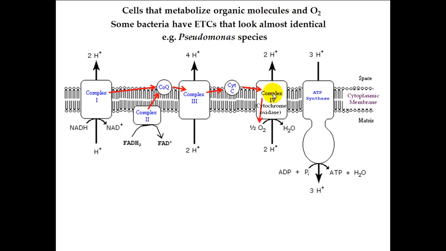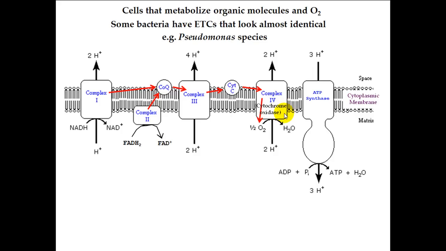So complex 4 and cytochrome oxidase, it's the same thing. And the reason why complex 4 is called cytochrome oxidase is because this molecule oxidizes cytochrome C. In other words, this molecule here takes an electron away from cytochrome C. That's why it's appropriate to call it cytochrome oxidase.